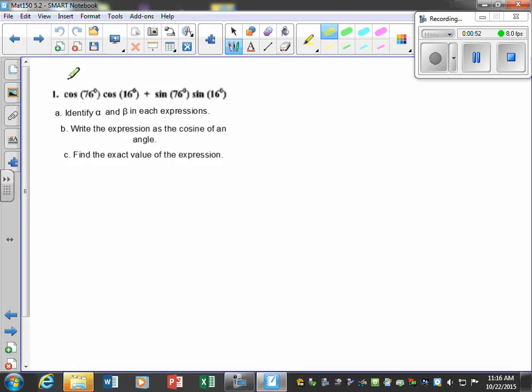We want to look for the formula that has cosine times cosine plus sine times sine. So look on your formula sheet and identify which of those is going to give us that.